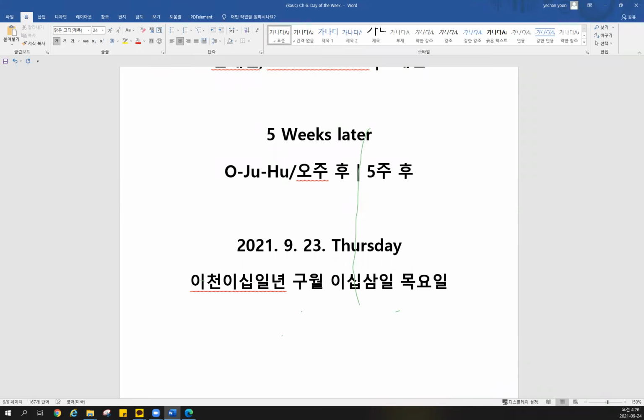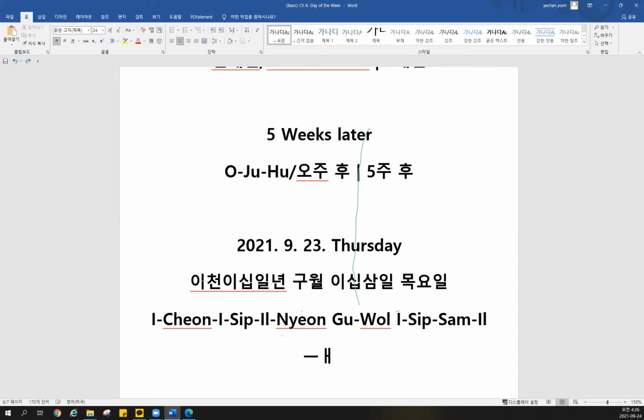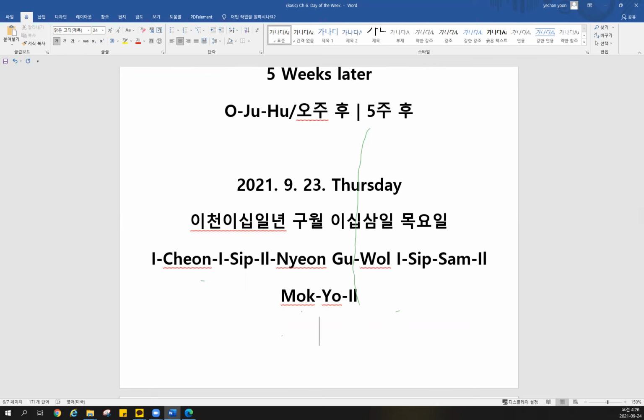So this is how you can read it. 2021년, 9월, 23일. Lastly, 목요일. This is how you read it, everyone.